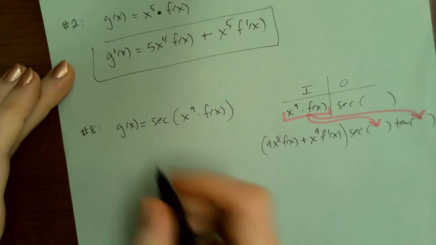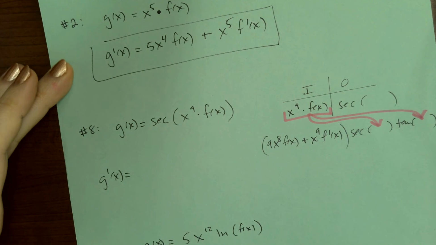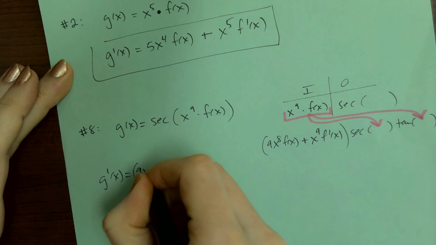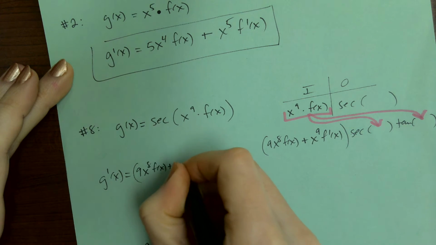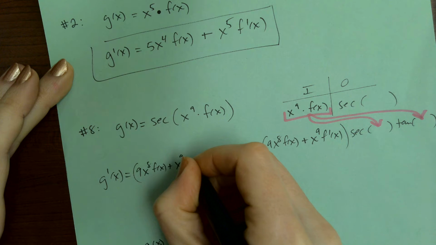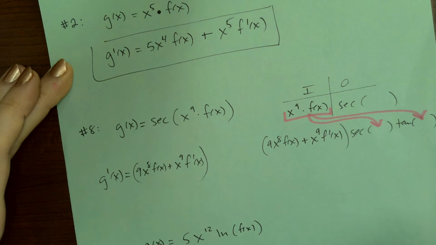Okay, so g prime of x is 9x to the 8th f of x plus x to the 9th f prime of x.